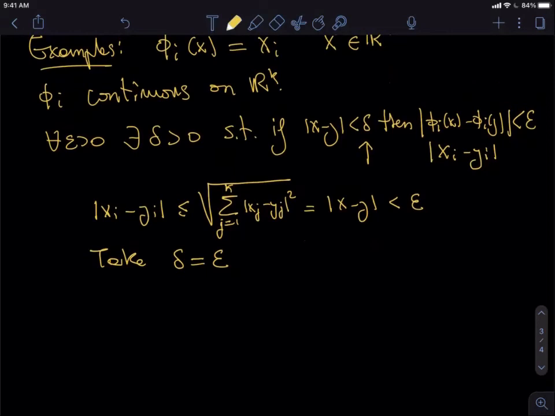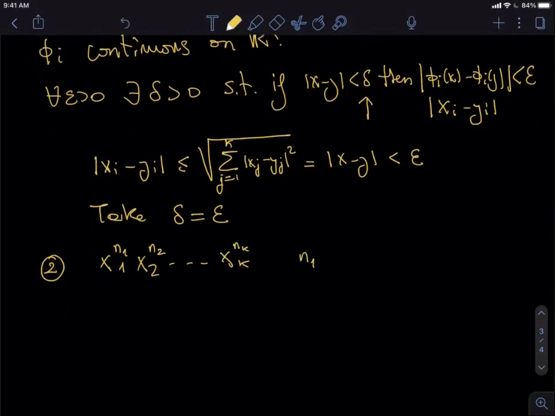But now the nice thing, once we know that these are continuous, since we know that the product of continuous functions is continuous, we can just multiply them together. We can multiply all of them if we wish, but we can also multiply each of them several times and get powers.